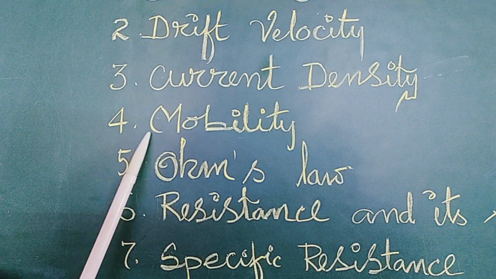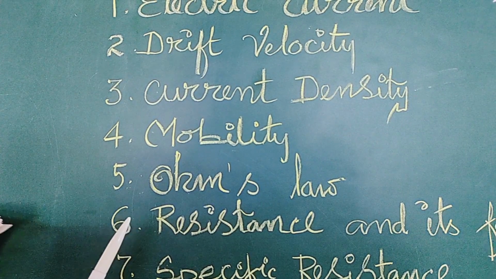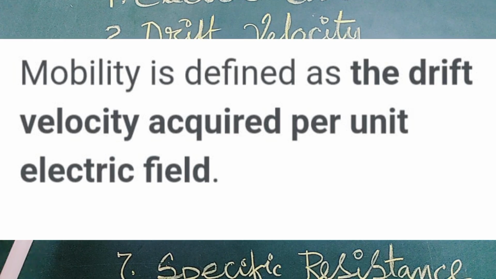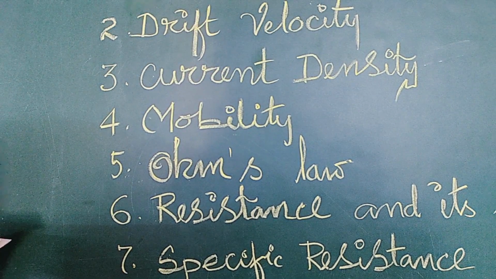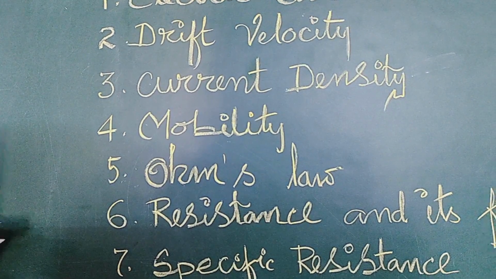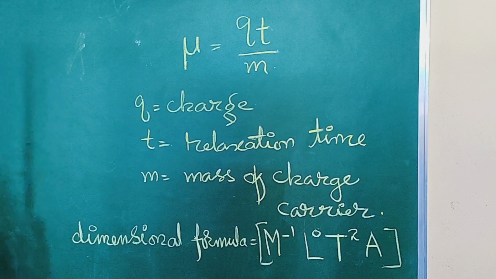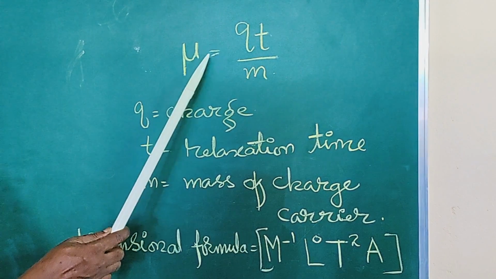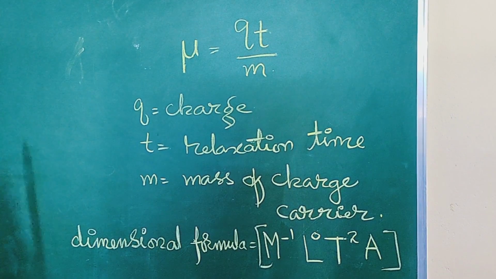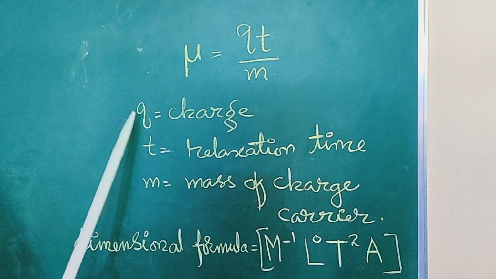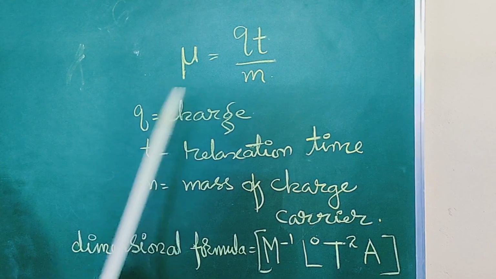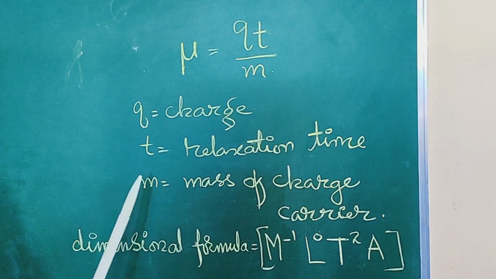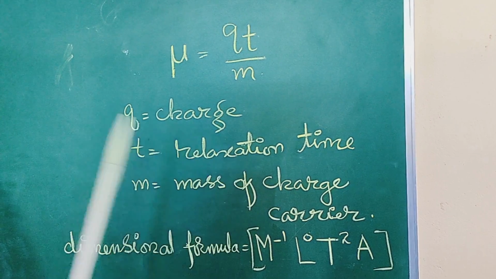The topic number 4, mobility. Mobility is the drift velocity acquired per unit electric field. That means how much drift velocity is gathered in 1 unit electric field. Mobility is calculated by this formula: mu is equal to Qt by M. Here Q refers to the charge, T refers to the relaxation time, and M represents the mass of the charge carrier.